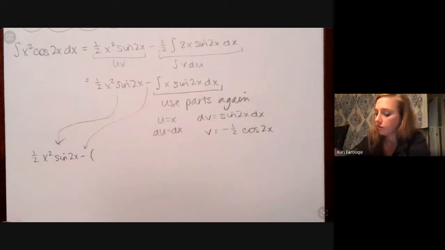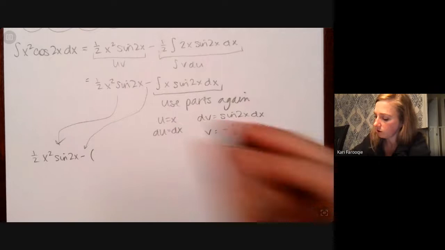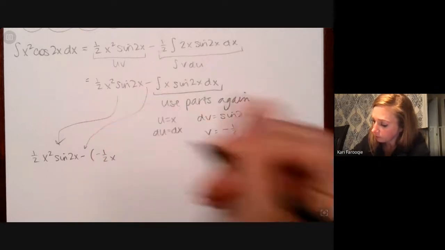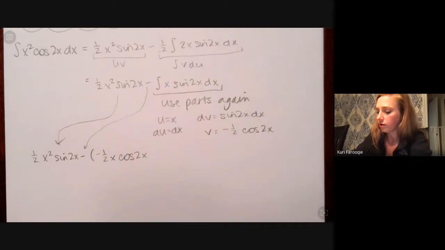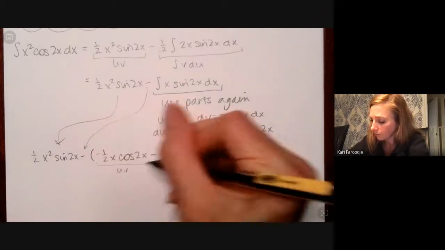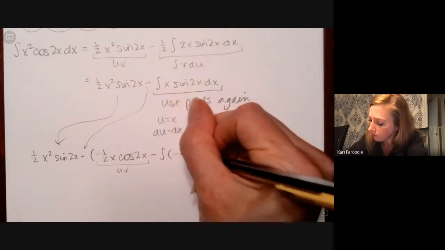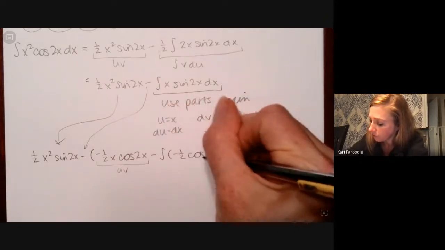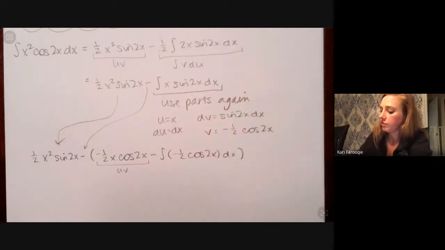So we're going to take off this whole integral, which we're going to rename as uv, so minus 1/2 x cosine 2x, and then minus, because integration by parts is uv minus v du, or minus the integral of v du, I should say. V is negative 1/2 cos 2x, and then du is going to be dx.